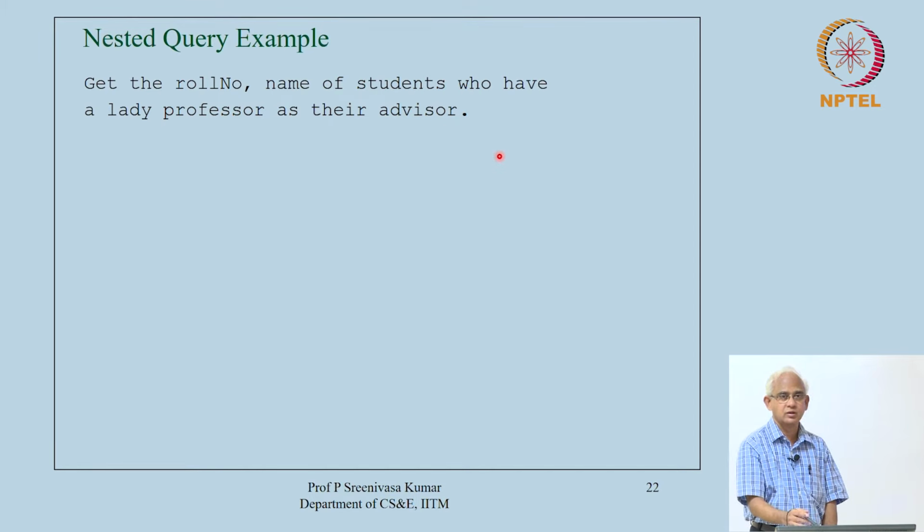This is going to be a small set, and then imagine that you are getting the roll numbers and names of students whose advisor happens to be in this small set of lady professors.